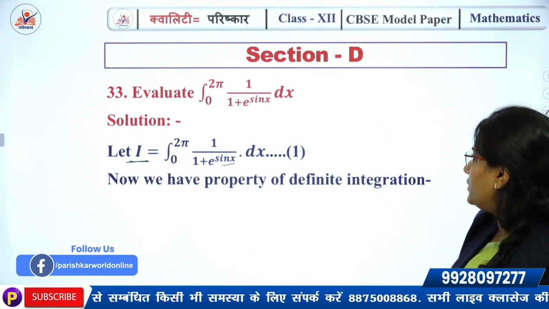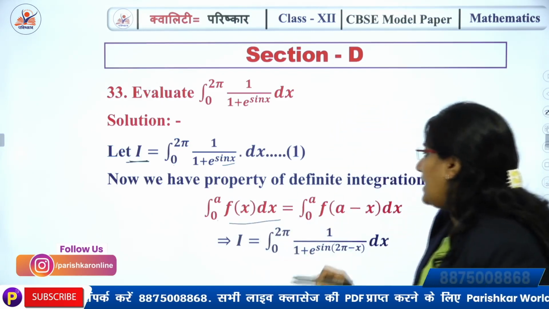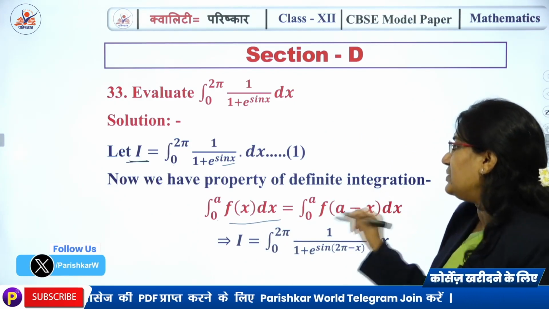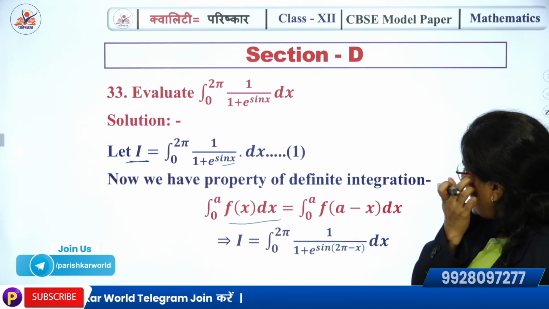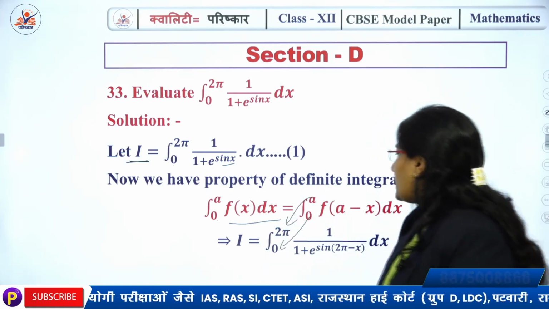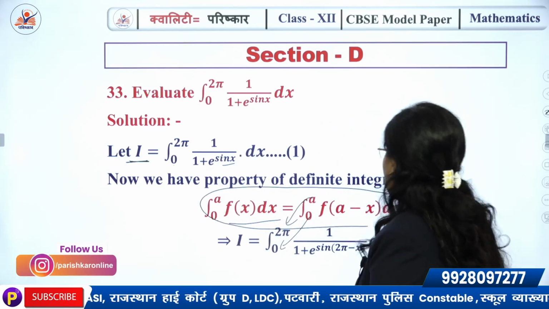Now we have a property of definite integration. The integral from 0 to a of f(x) dx can be written as the integral from 0 to a of f(a minus x), that means f(0 plus a minus x). Okay student, here we have the value of lower limit as 0 and the value of a as 2 pi. So put this property in this given equation.